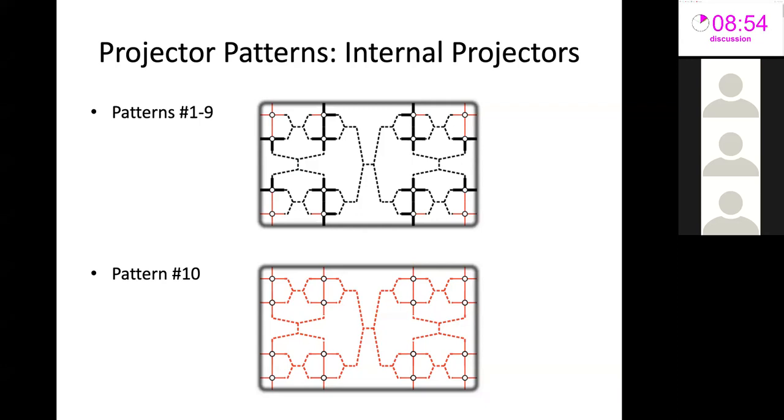And the homogeneous projectors are only applied in the case of the pattern 10. So here we use HOTRG style isometries. However, again, it would be better to use maybe some boundary TRG or some other way to obtain projectors. However, this was still sufficient in this case.